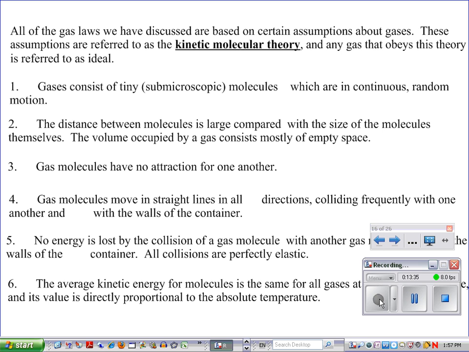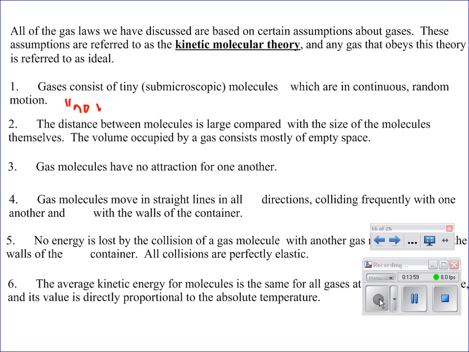Number 1, the kinetic molecular theory says gases consist of tiny submicroscopic molecules which are in continuous random motion. We're going to learn later that there's a difference between what we call an ideal gas and a non-ideal gas. Ideal gases, the gases we use PV equals nRT with, all those perfect gases are very, very small, and they technically almost have no volume.